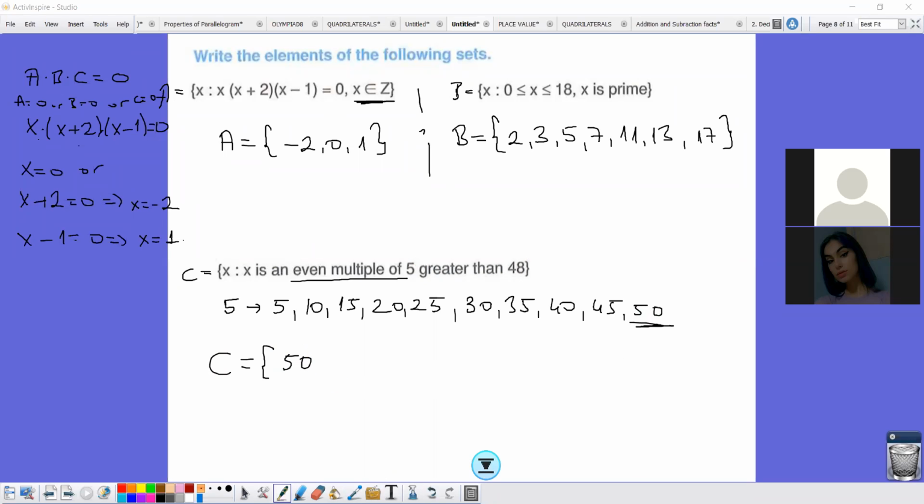Or you can continue if it doesn't say that, if it says even multiples of 5 greater than 48, you will continue like 60, 70, to infinity. But here it says x is an even multiple of 5 greater than 48, and you are choosing one. You don't have to write also 60, 70. You can write only one. Okay? Did we understand?